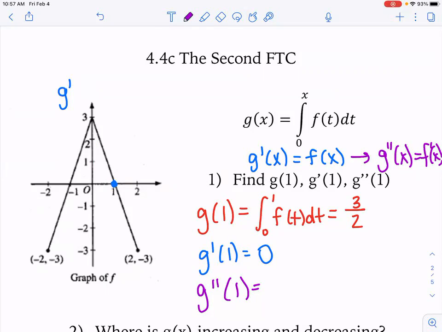And if this is the graph of f, what characteristic should we look for on this graph? We need to look for the slope. I agree that this is the maximum, but if I'm looking for the second derivative and our second derivative is f prime, then if this is the graph of f, f prime is the slope. So what is our slope of f at 1? 3.